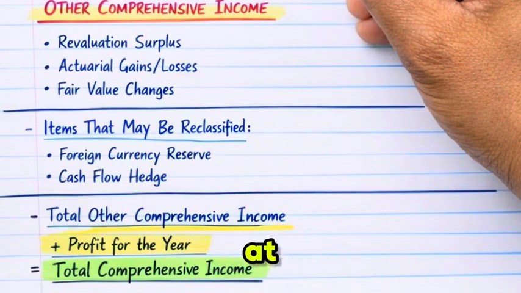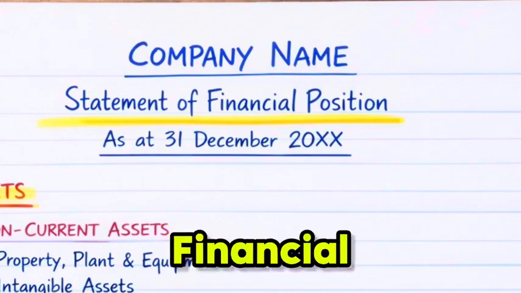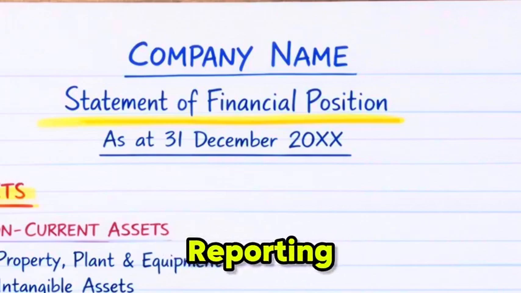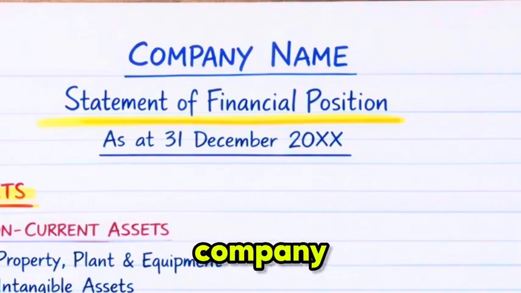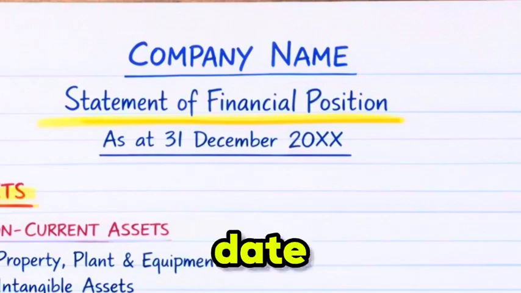Now, let's look at the format for the statement of financial position, that is the balance sheet. So we're going to look at the format for the balance sheet, or otherwise called the statement of financial position, under the IFRS, International Financial Reporting Standard format. Good. Now, you begin with the company name. This is sacrosanct. After the company name, you write statement of financial position as at 31st, you write your date.